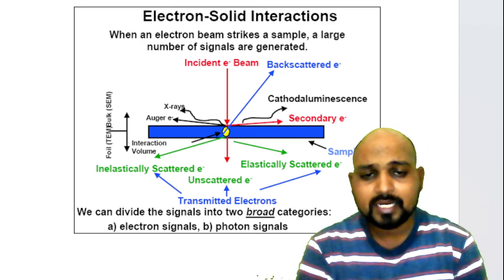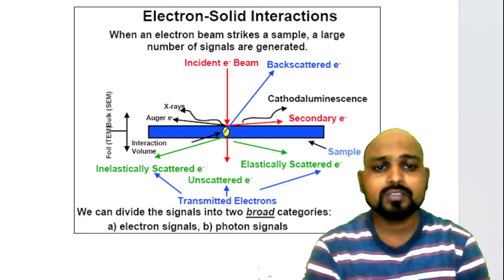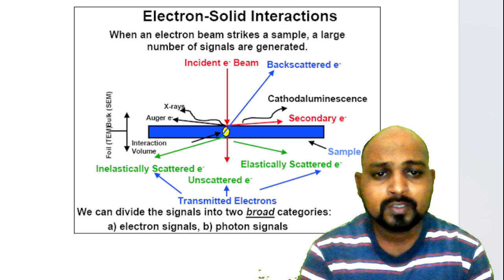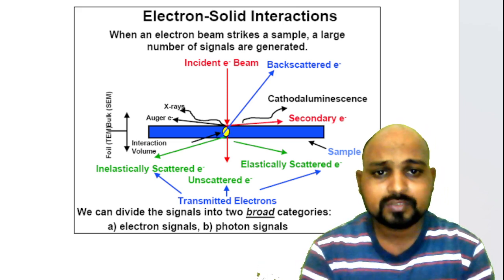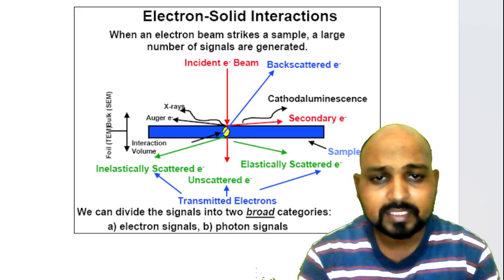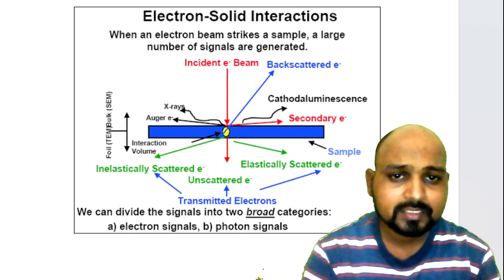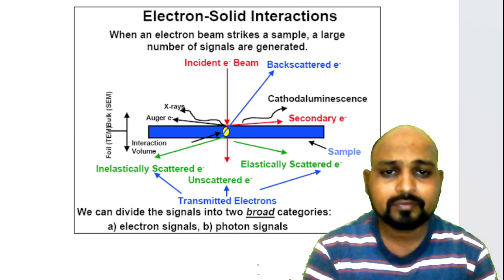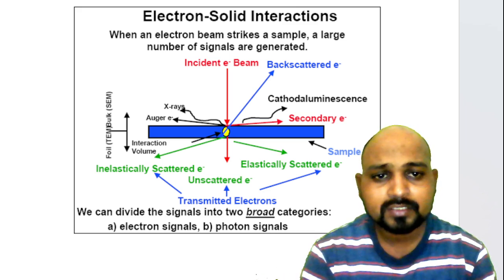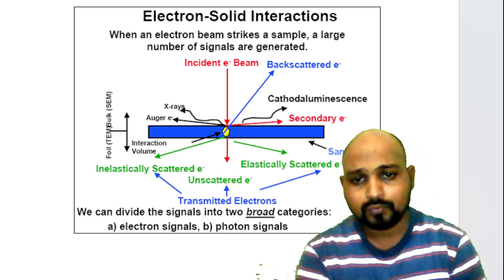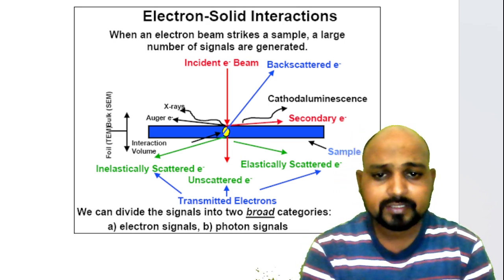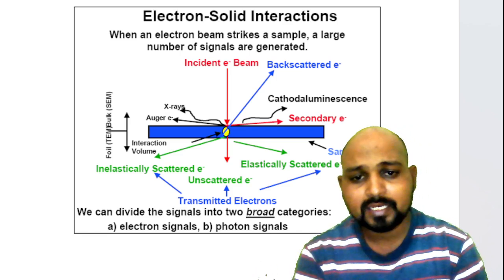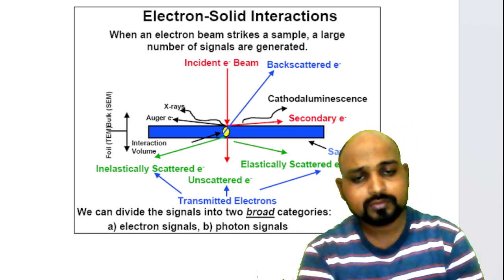In the coming slides we are going to see all the details about all these types of electrons produced due to the incident electron beam. When this beam interacts with solid materials, we come to know these different types of electrons. We can divide the signal into two broad categories: electron signal and photon signal.